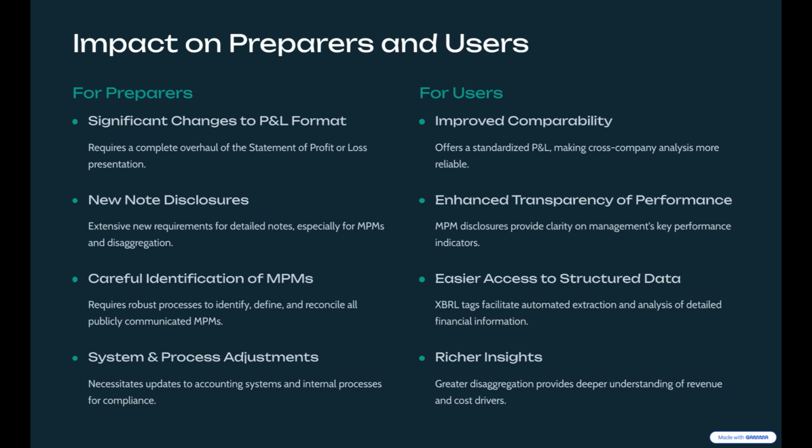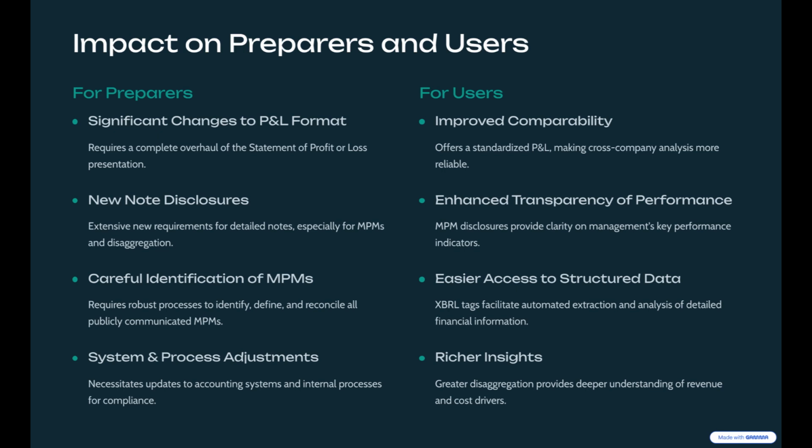For users, such as investors, analysts, and regulators, IFRS 18 delivers greater transparency, comparability, and insight. Standardized subtotals and clear categorization of income and expenses make it easier to understand a company's core performance.